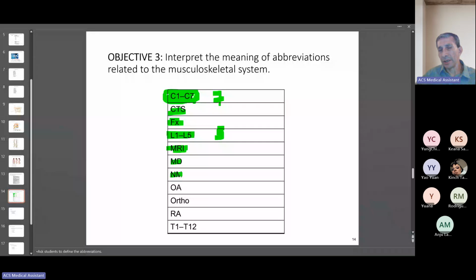OA, osteoarthritis. This is orthopedics, rheumatoid arthritis. These are the thoracic vertebrae, T1 to T12. So we have 12 thoracic vertebrae, 5 lumbar vertebrae, and 7 cervical vertebrae.